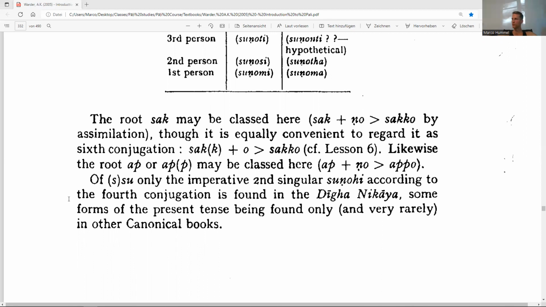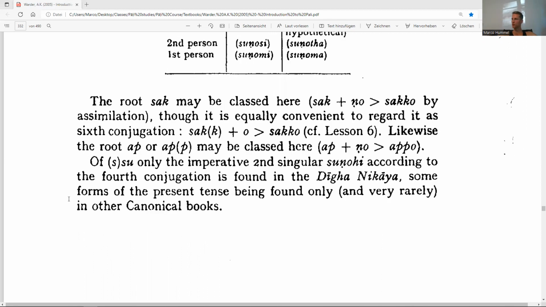Of su, only the imperative second person singular sunohi, according to the fourth conjugation, is found in the Digha Nikaya, and some forms of the present tense are found only, and very rarely, in other canonical books. It seems to be a very ambiguous as well as a rather rare verb class.